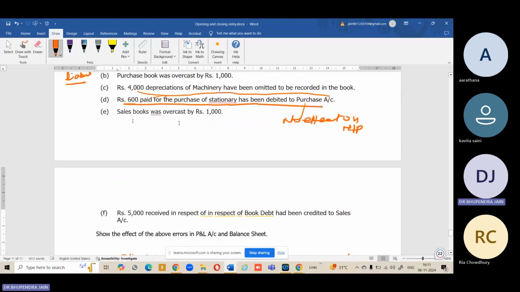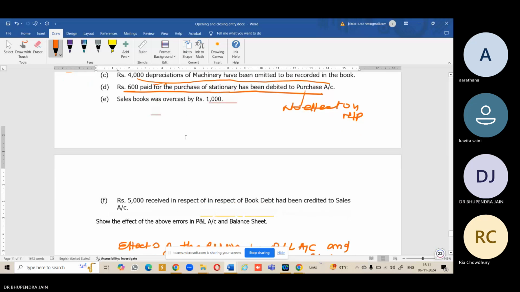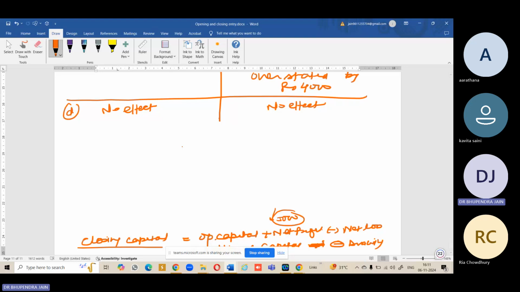Sales book was overcast by rupees 1,000. When the sales is overcast, that means your gross profit and net profit will definitely increase by rupees 1,000. So in the profit and loss account, what will be the effect, beta?